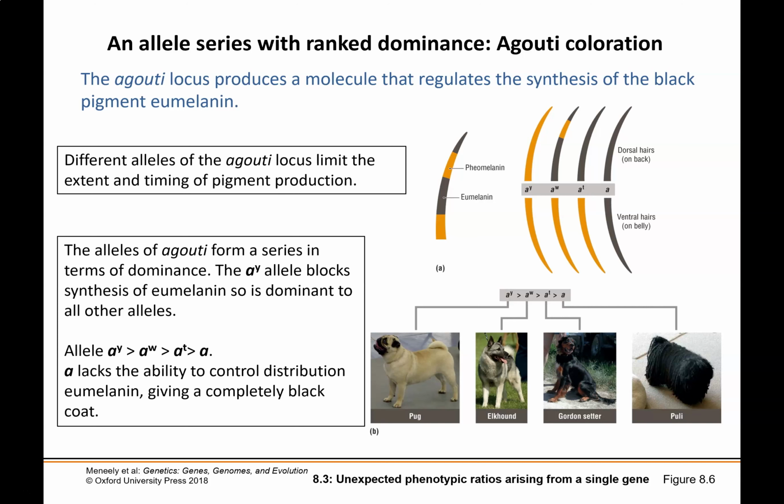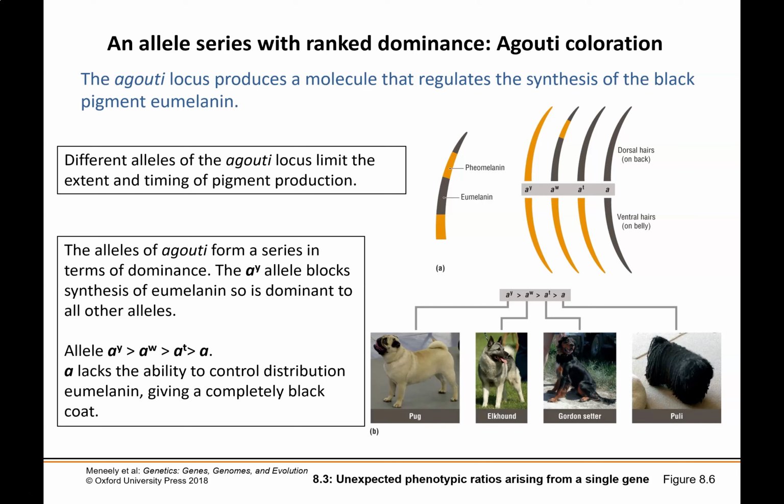If you have the next allele in the dominance order, the AW allele, you get some production of the eumelanin, and it is expressed only on the dorsal, or the back, the top half of the animal. But you still block a little bit of that eumelanin, and it is shown in bands along the hair.